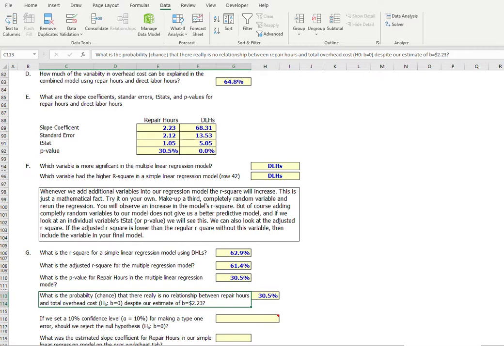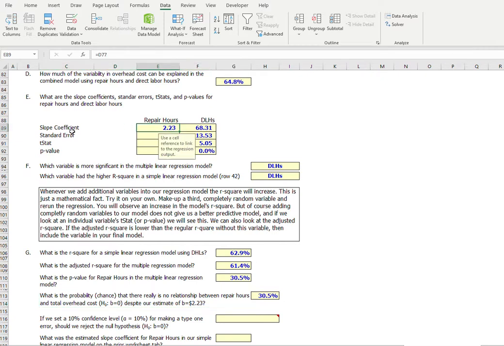And again, that's despite our estimate using our data that it's 2.23. But again, a pretty big standard error relative to our slope coefficient, which is why we had the low t-stat and the high p-value. Likelihood is there really is no relationship. We'll talk about this in a second when we talk about our confidence intervals.